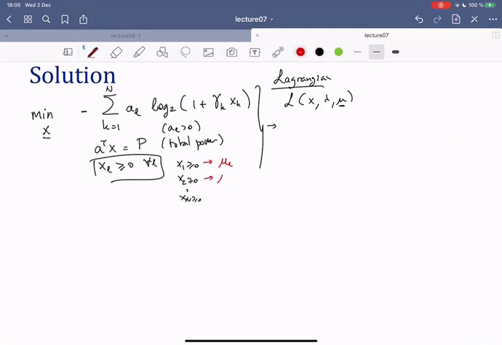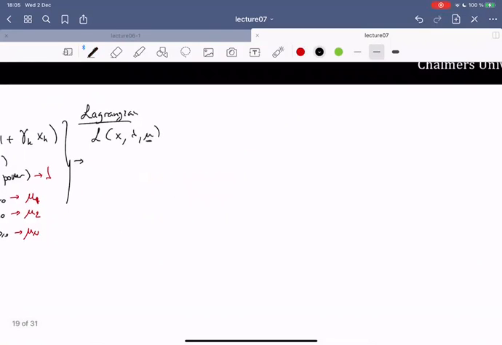And with each of these, we have one Lagrange multiplier. And with this equality constraint, we have a Lagrange multiplier lambda. So in the previous slides, I used lambda for the inequality constraints and mu's for the equality constraints. So here it's the opposite.